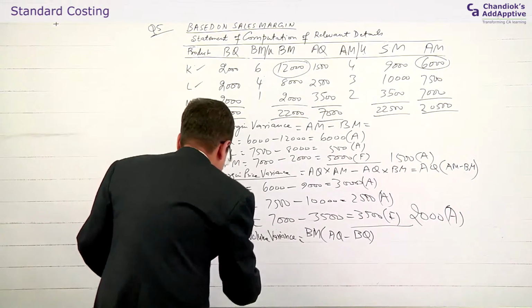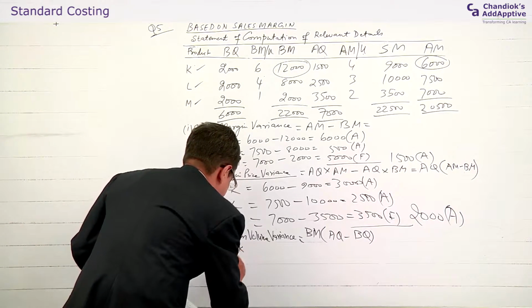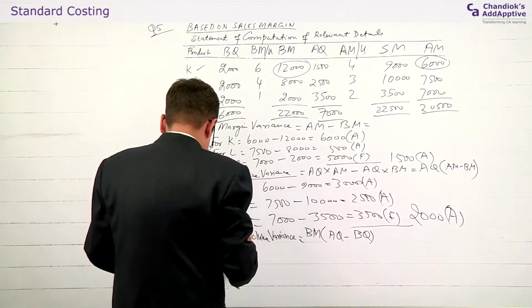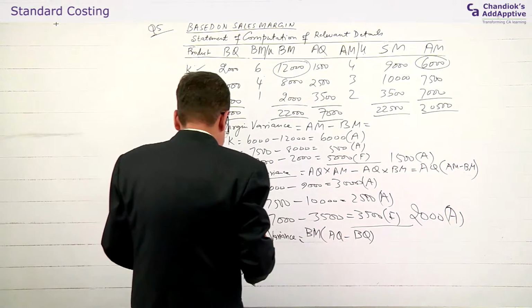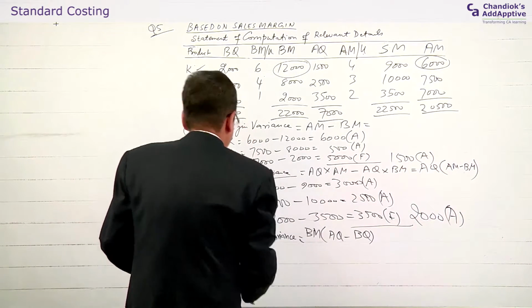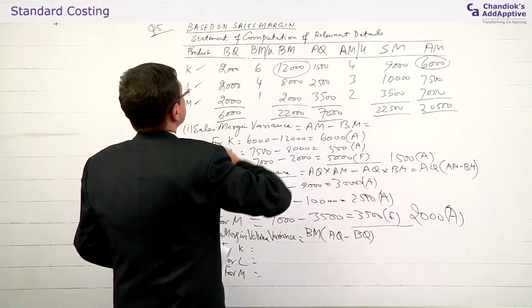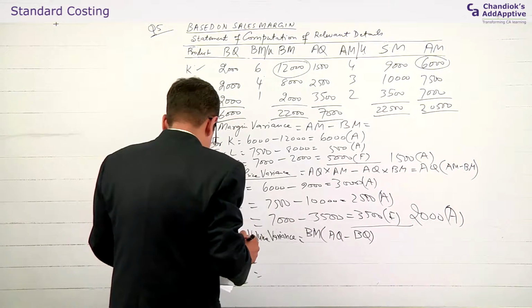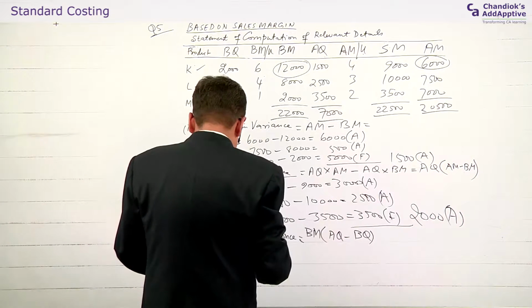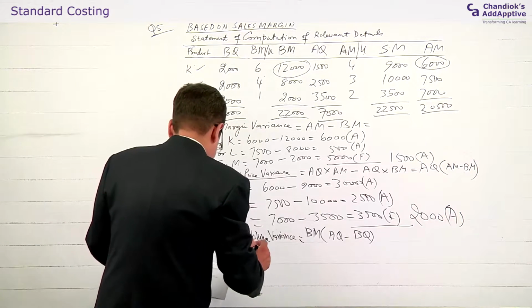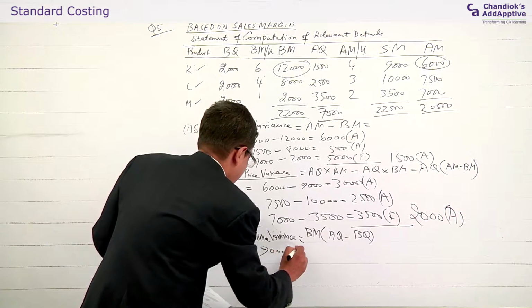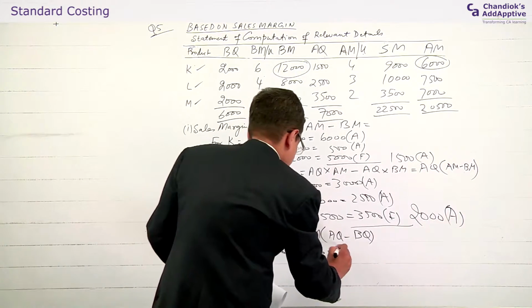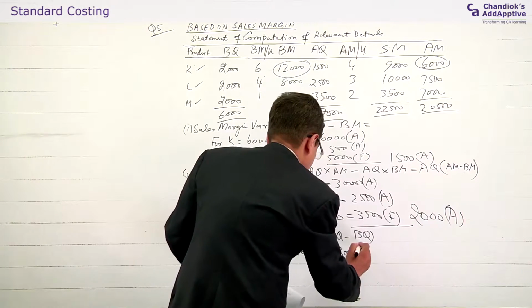For KLM, we do it again for K, for L, for M. For product K, if you see this statement of computation of relevant details, you can look K and put the figure from that chart. It is 9,000 minus 12,000, which is 3,000 adverse.